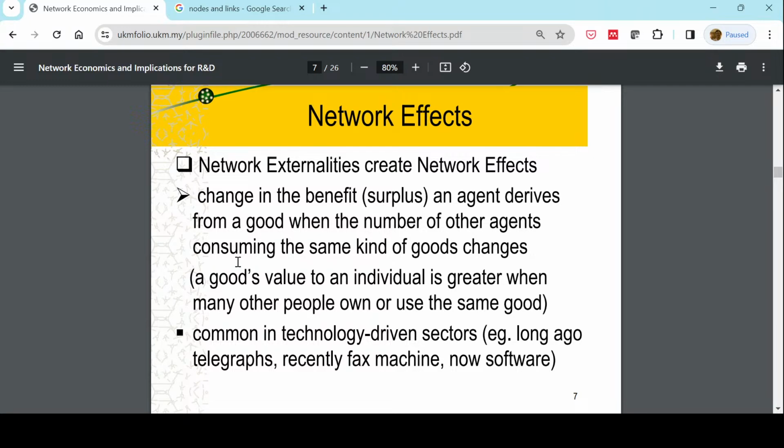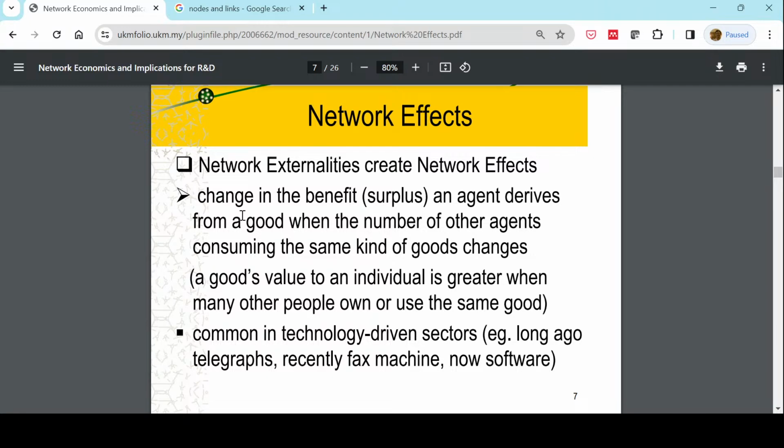Benefit can be more sales, more revenue, more profits, more income, surplus. It is a change in the benefit an agent derives from a product, a good.